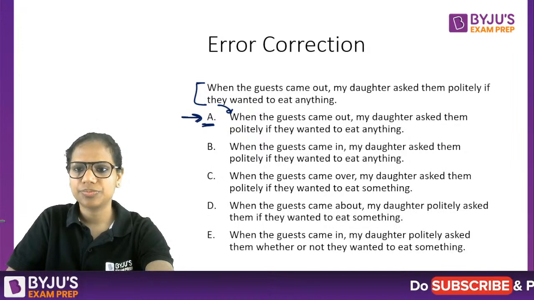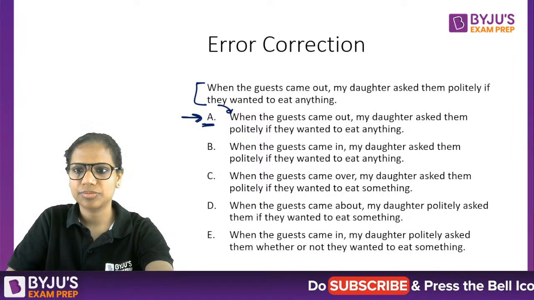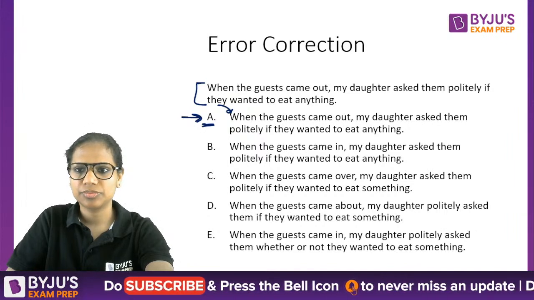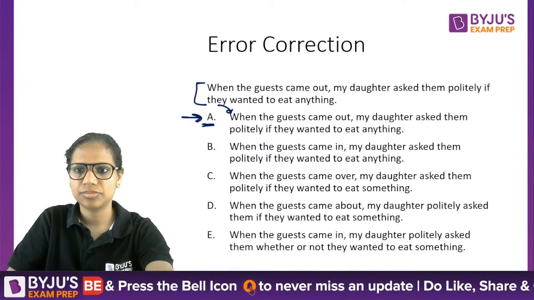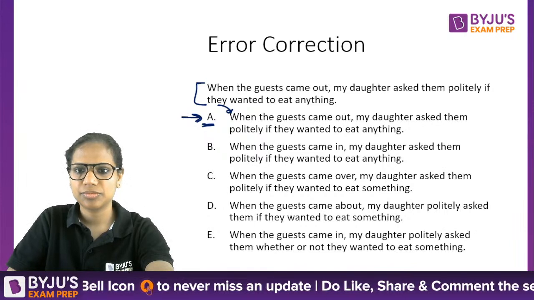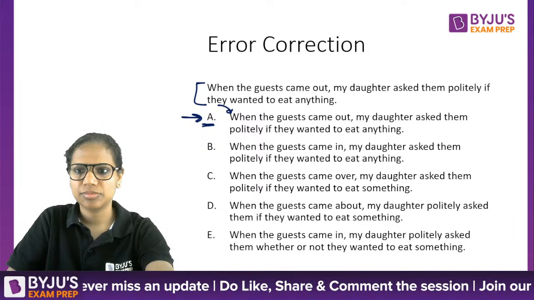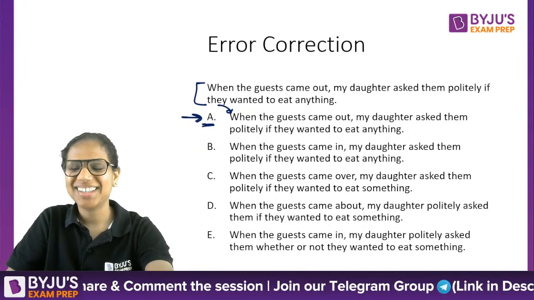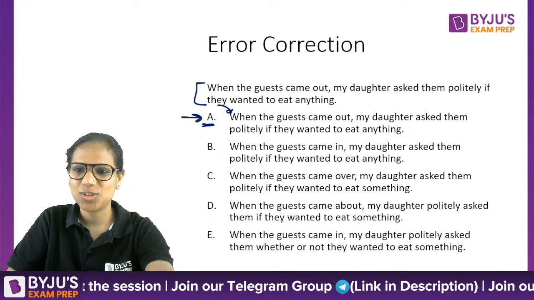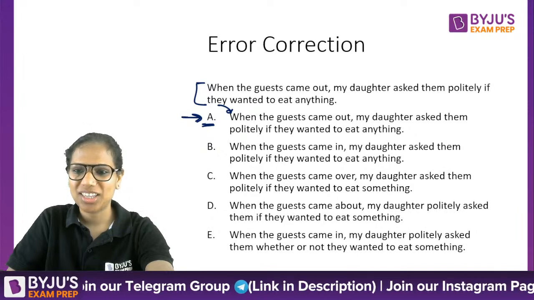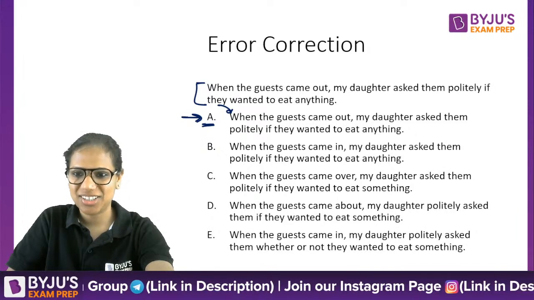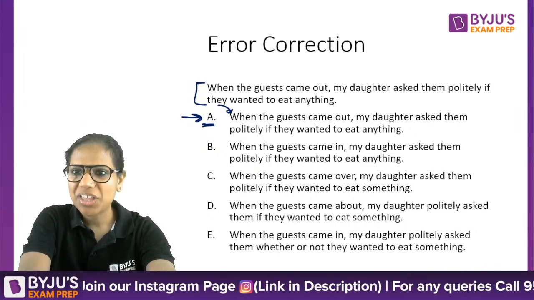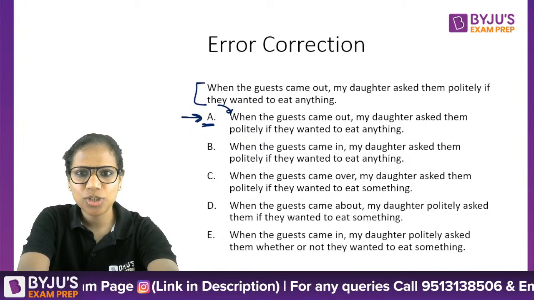D, C, all right. E, B, okay. So for B, C, D, E, all of them. Okay, all right. So let's see who answered the fastest and accurately. That's what we are going to see.